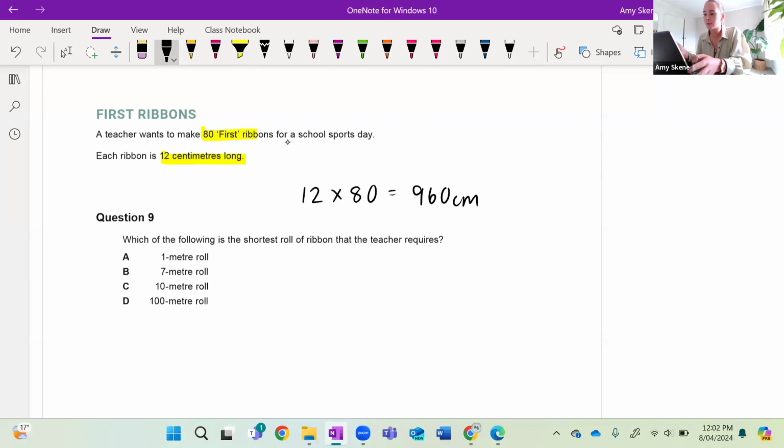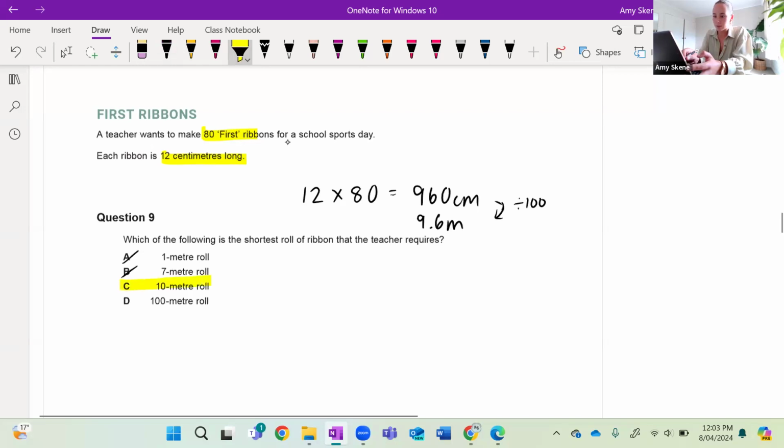Now, to convert from centimeters to meters, we divide by 100 because there's 100 centimeters in 1 meter. And dividing by 100 is going to give you 9.6 meters. So the shortest roll, well, no, we can't do 1 meter or 7 meters. The shortest is going to be a 10-meter roll.